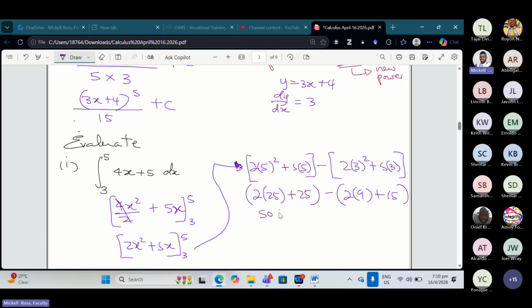So 50 plus 25. I mean, this is just working through every single part of it. But it's not a case where you have to show this amount of working. It's not a must. All right, so just bear that in mind.